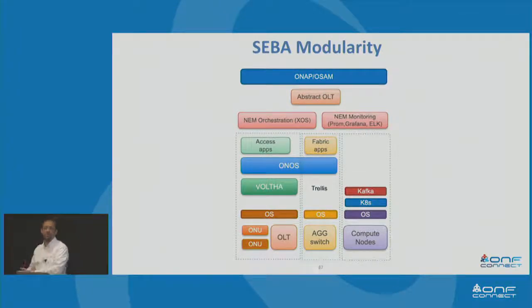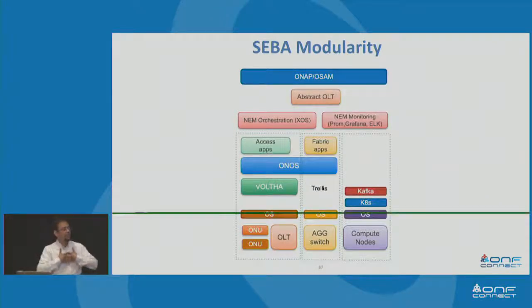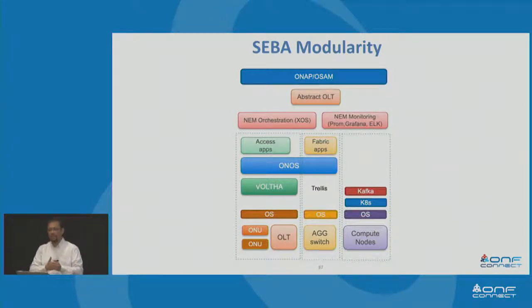You could choose to use different versions from the one we have in the exemplar. For example, AT&T will say that they want to use the ones that are in the Akraino project, and that's perfectly fine, as long as you ensure that the rest of the system can work with those newer versions. You don't have to use Ubuntu as the operating system in your compute nodes or the particular version of Kubernetes. Question, yes?